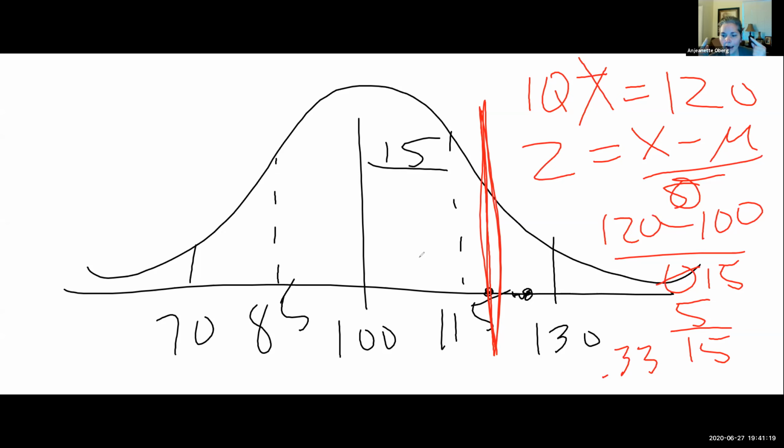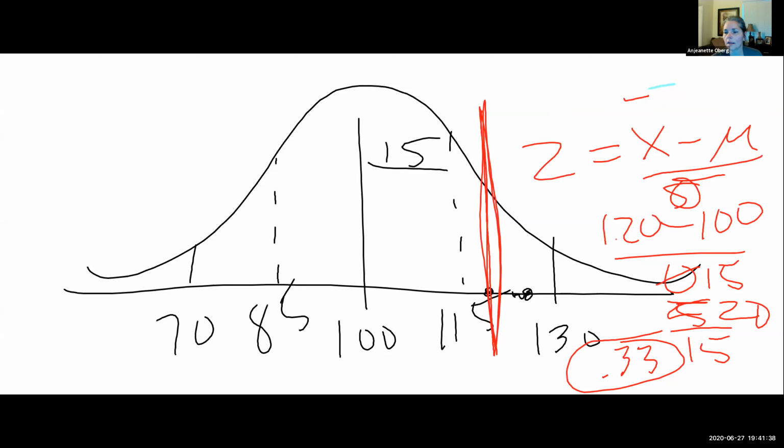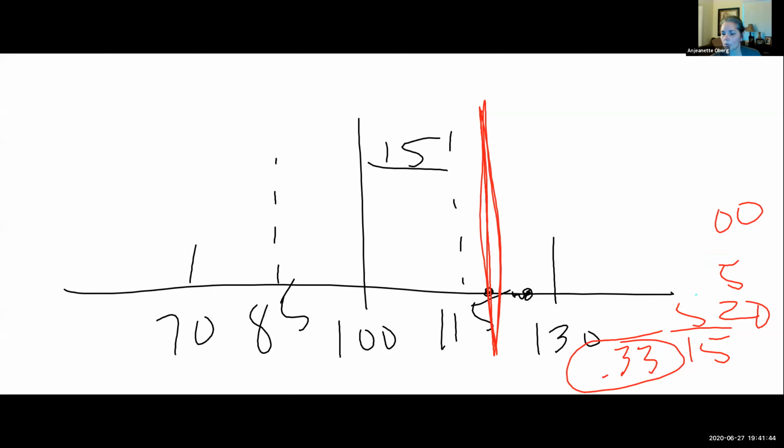I'm figuring that out. 120 minus 100 is 20, not 5, okay? And logically, this score is just not making sense. So I'm recognizing I'm doing something wrong in my math. So let's go ahead and erase this and let's redo that.